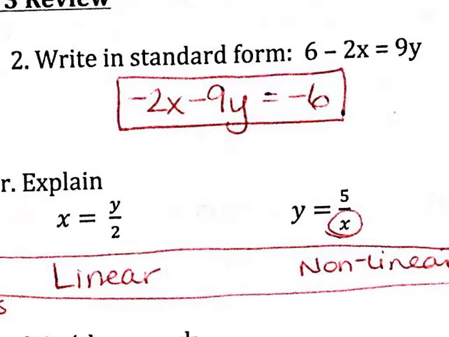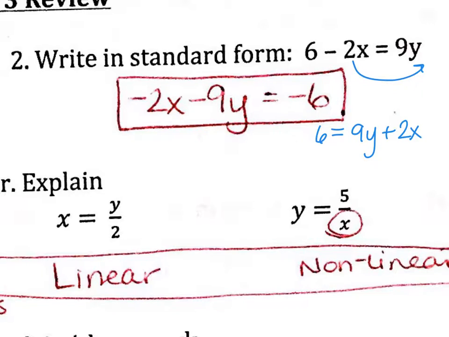Question 2 here is pretty similar. I need my x's and my y's on the same side. So I actually ended up moving this 9 to the other side. You could have done that another way. You could have moved the x over there. So I'll do it the other way. 6 equals 9y plus 2x.